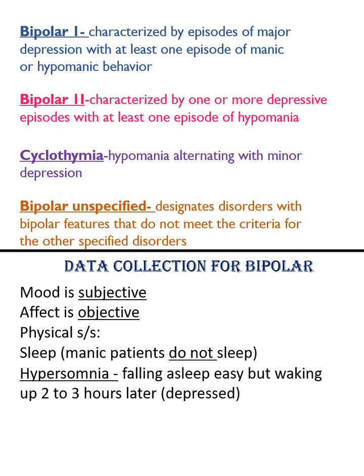Some physical signs and symptoms that we're going to want to assess. Sleep. Manic patients do not sleep. They can be up for days at a time. So our Maslow is not being taken care of in this manic phase.